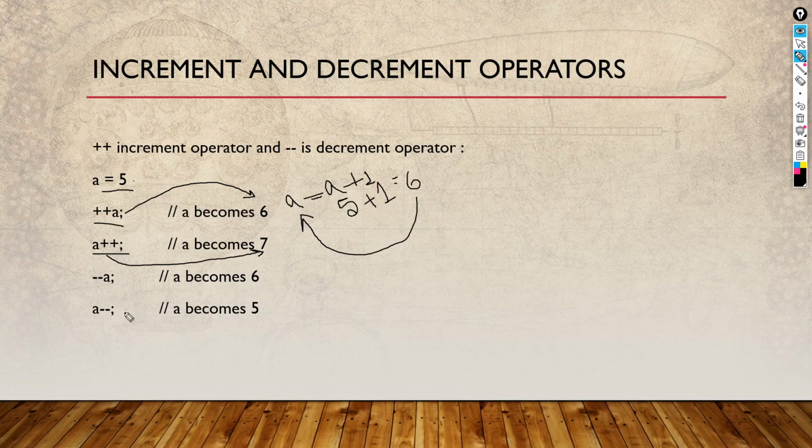Similarly, a minus minus is the same as a equals a minus 1. When it is 6, 6 minus 1 is 5, and it gets stored into the variable.